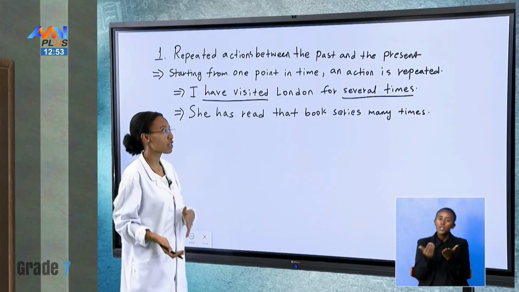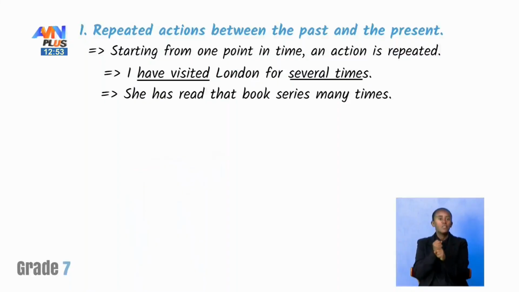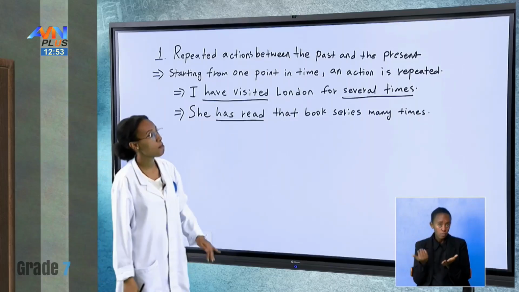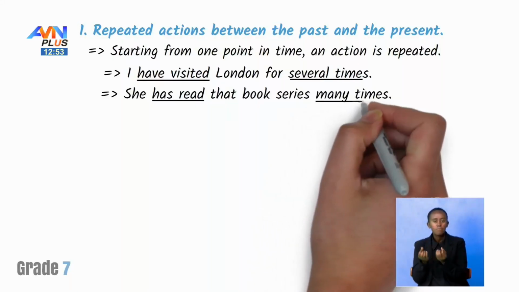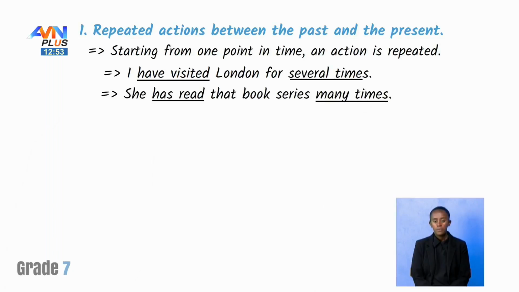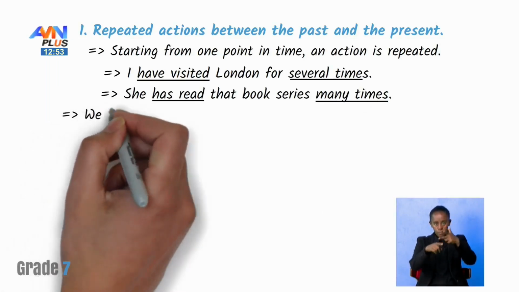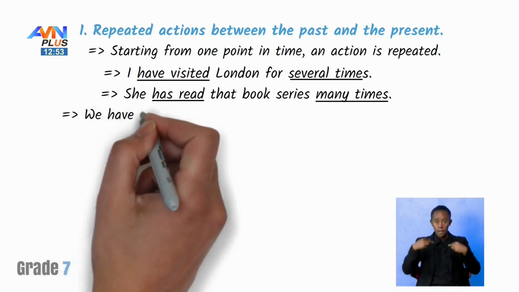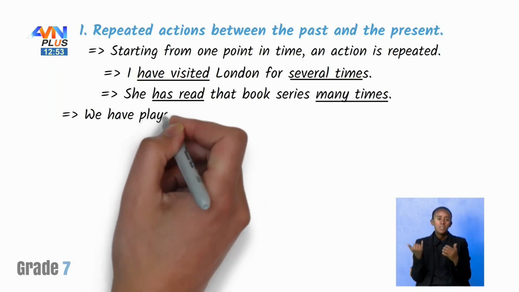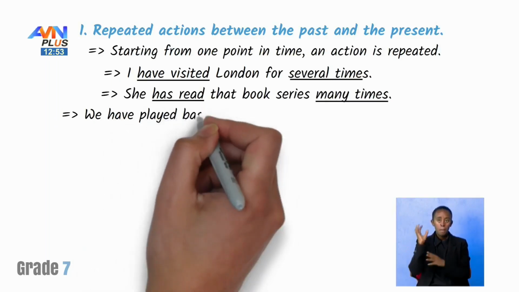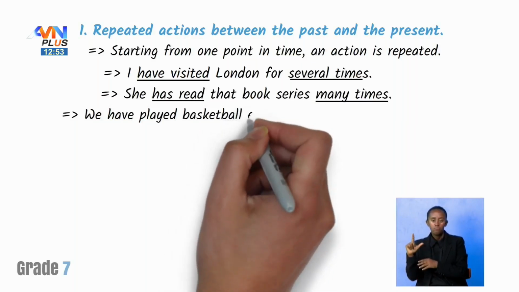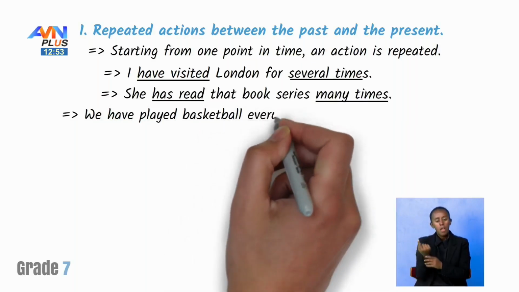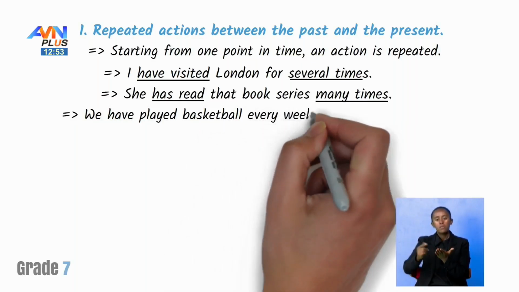So she has read that book series many times. Again, we have what? A repetition of action. The third example: we have played basketball every week since last summer.